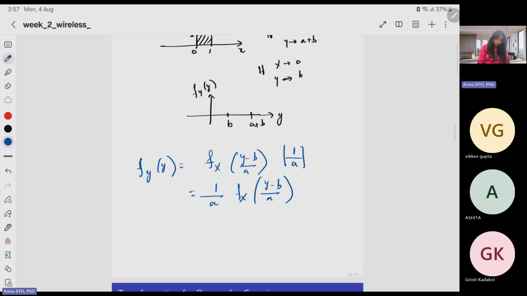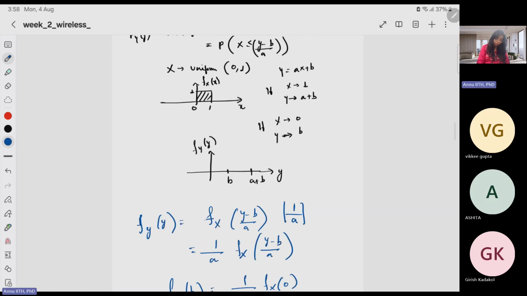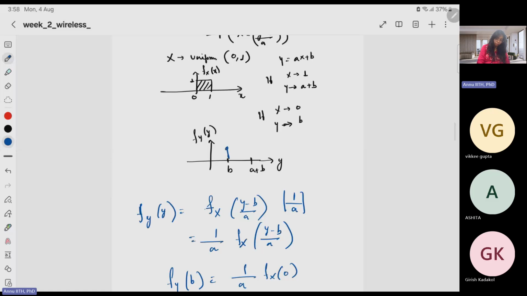So it will start, the y limit is b. So f of y at b is nothing but 1 upon a times f of x of 0. So f of x of 0 is 1.